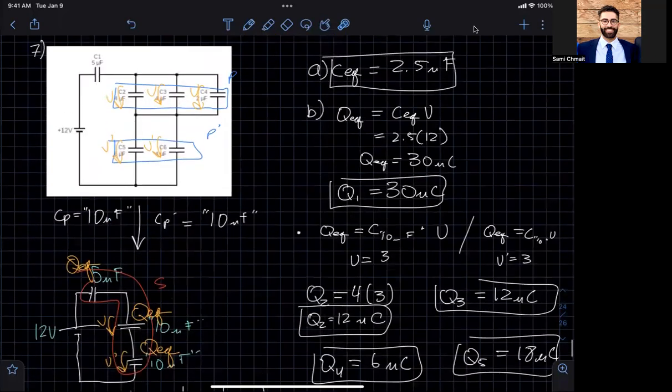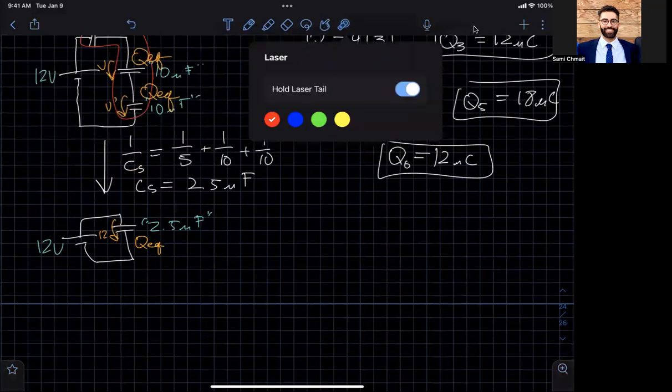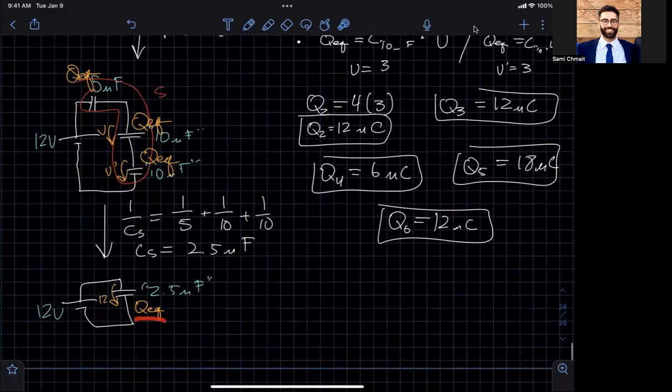All right, I just want to be very clear with question number 7, kind of the key idea here. We have this QEQ that we're able to find because we know the equivalent capacitance, we know the EMF, and we know that Q equals C times V. By definition, any capacitors, that being this 1, 2, and 3, that are in series have the same charge.